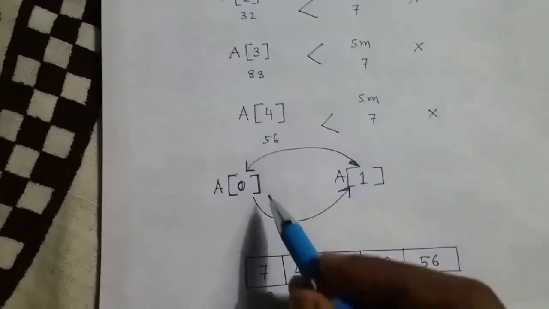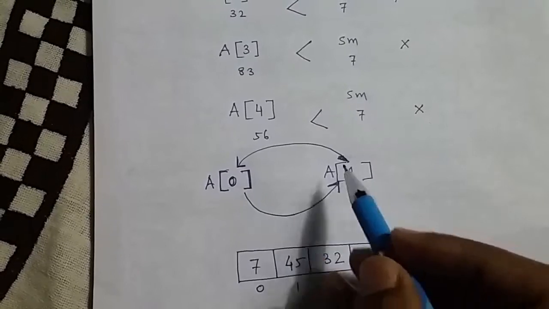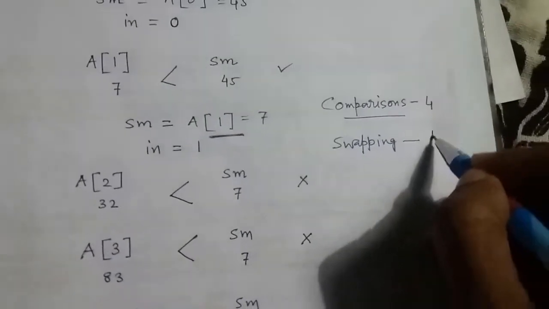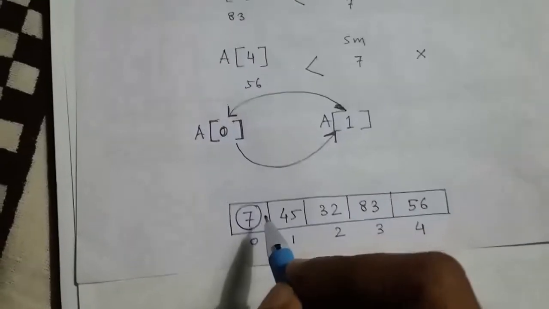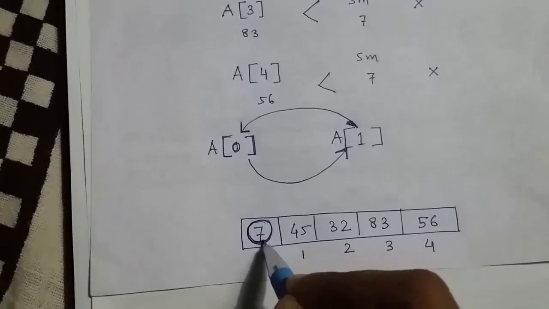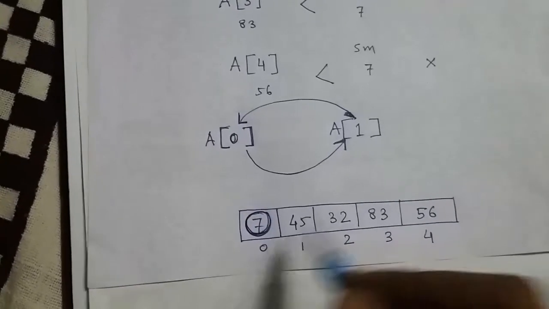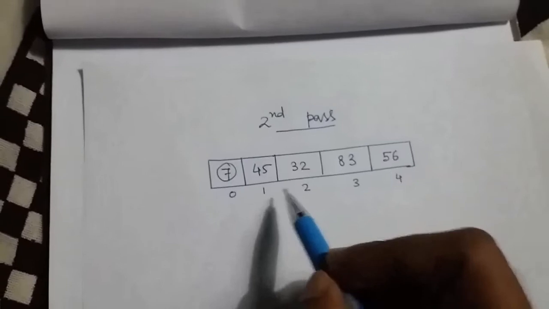Swapping is only 1, that is A of 0 and A of 1 are exchanged. So the number of swapping is 1. So we have got the smallest element after the end of the first pass. You can see that 7 is the smallest element here. So this is the array we have got after the end of the first pass.